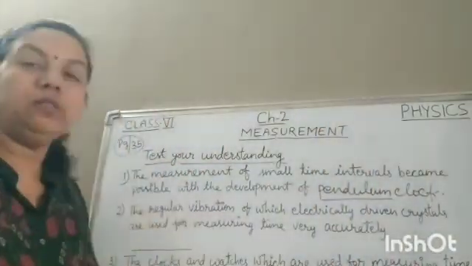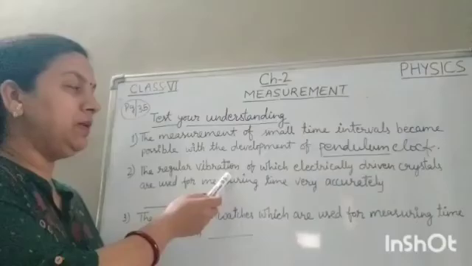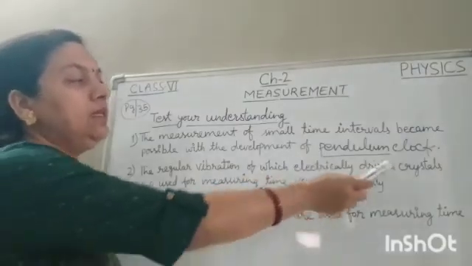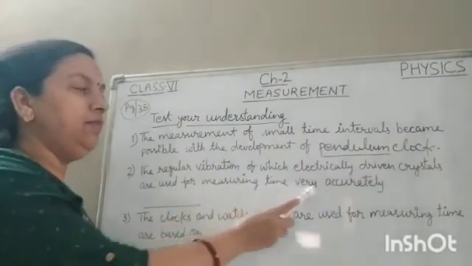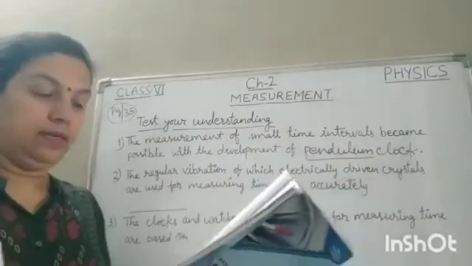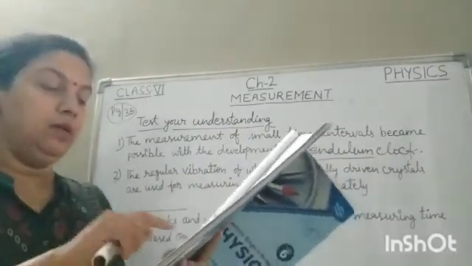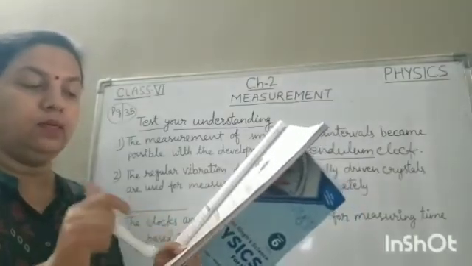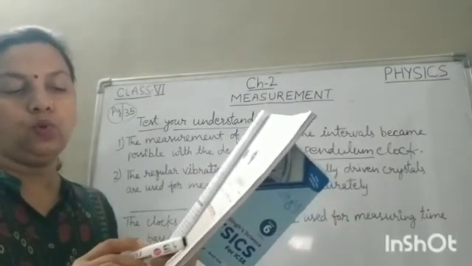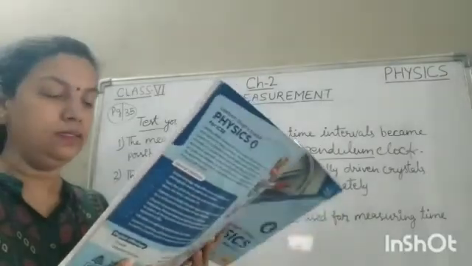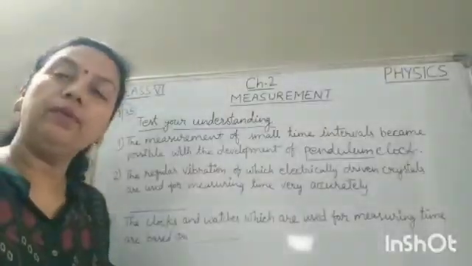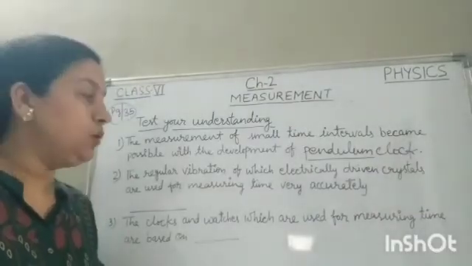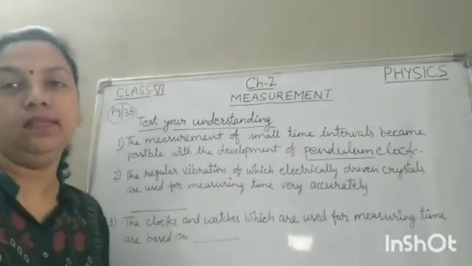Okay, now the second question is: the regular vibration of which electrically driven crystals are used for measuring time very accurately? Here some options are given: calcite crystals, quadratic crystals, chrome crystals and quartz crystals. So we know most accurate clocks and watches use quartz crystals these days.